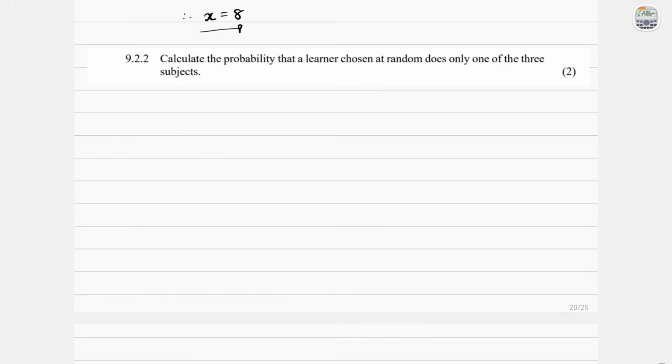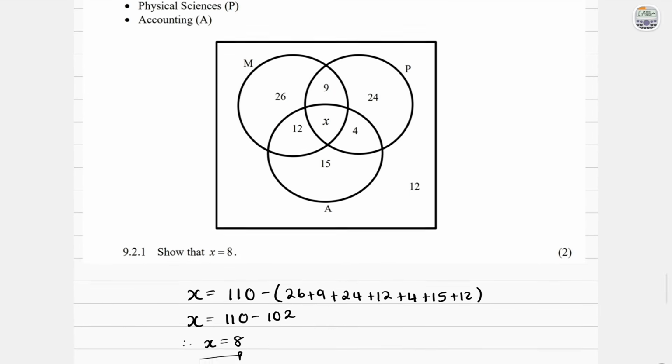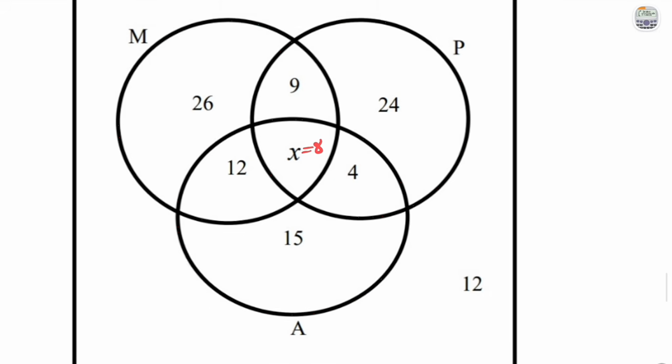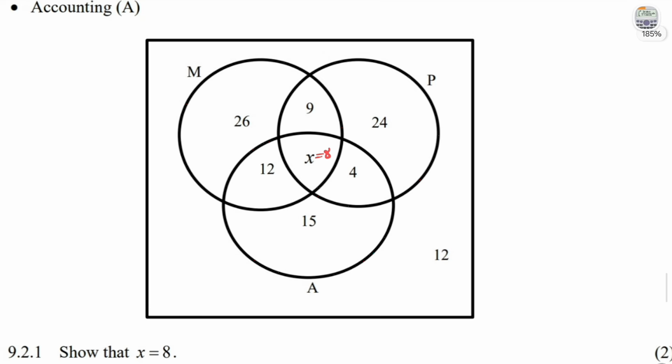Question 9.2.2 says, calculate the probability that a learner chosen at random does only one of the 3 subjects. Okay, only one of the 3 subjects. Let's look at the Venn diagram and just remember that x is equal to 8. So let's look at all the learners that do only one of the 3 subjects.